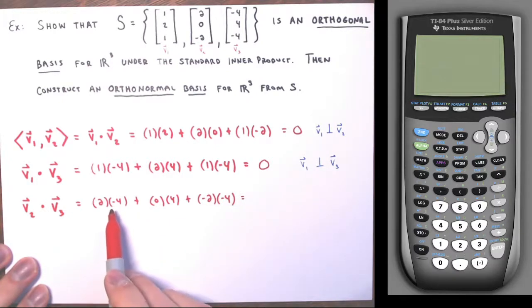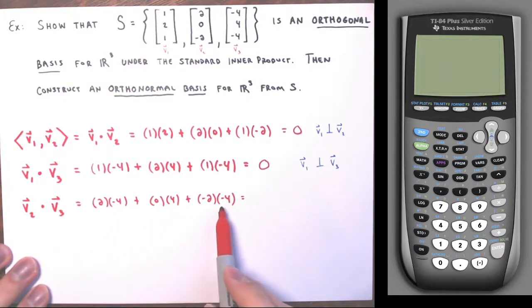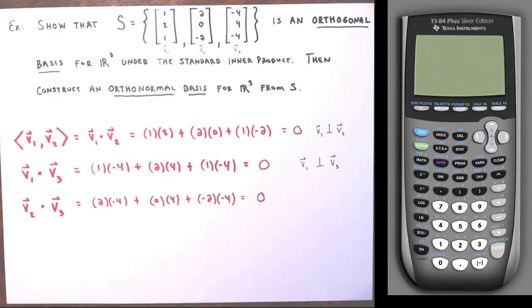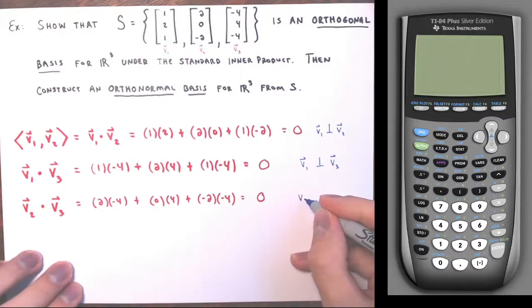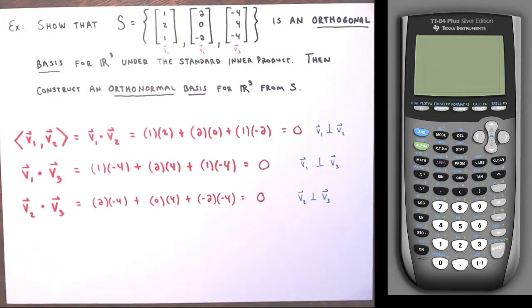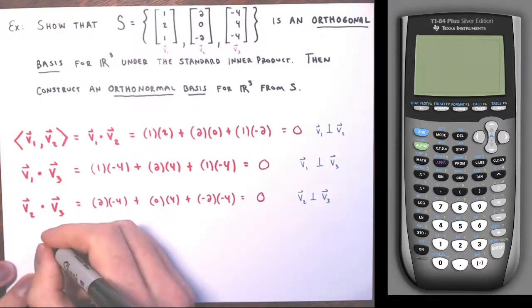So this is -8 plus 0 plus 8. That's 0. Wonderful. So v2 and v3 are orthogonal, and every pair of vectors in this set is orthogonal.